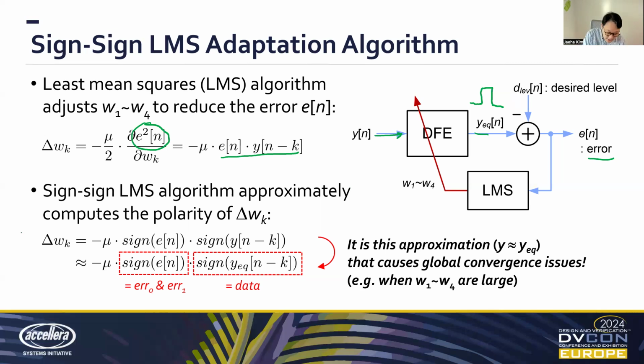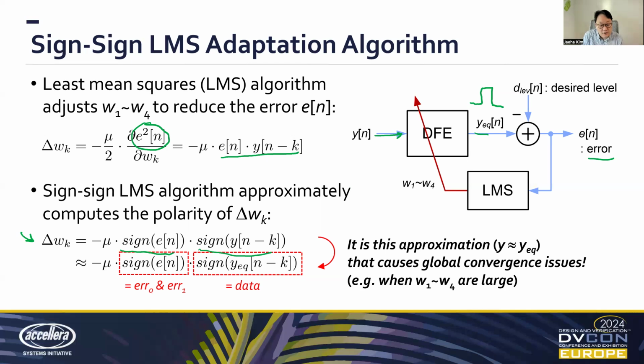In other words, it only detects the polarity of this derivative so that it will just adjust the filter coefficient in the right direction. And for the magnitude, it will just use a fixed step. And in that setting, to detect the correct polarity of this direction, we just need to know the polarity of the error and the polarity of the y of n minus k.